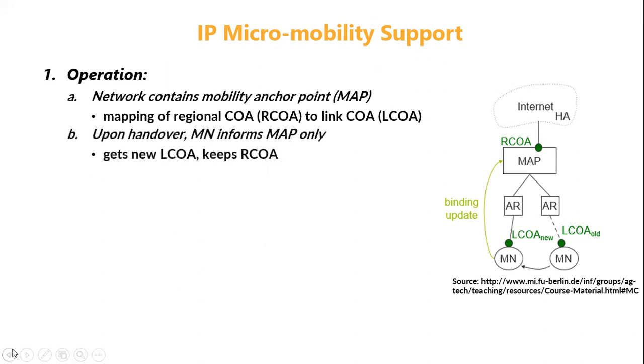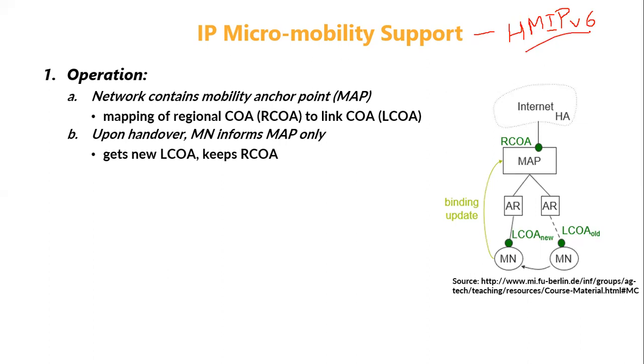This is an example of IP micro mobility support. Shortly, it is represented as HMIP version 6.